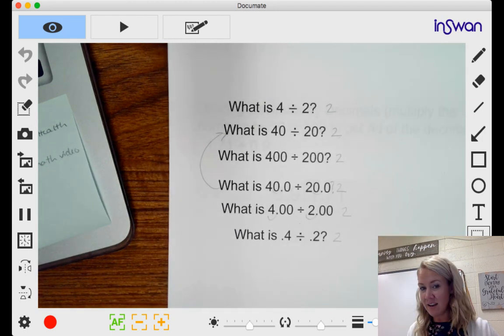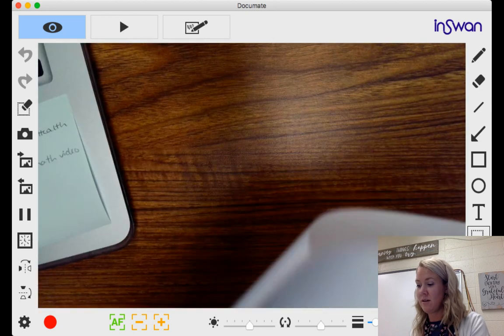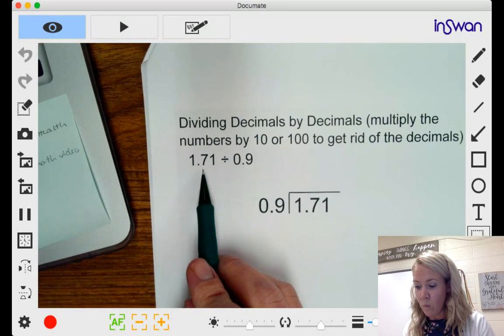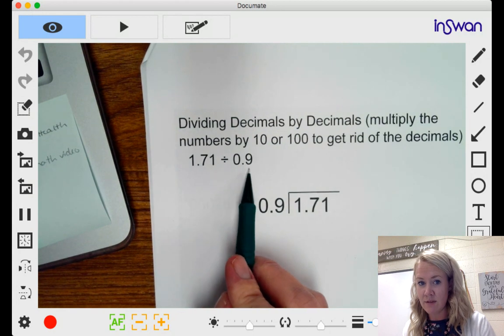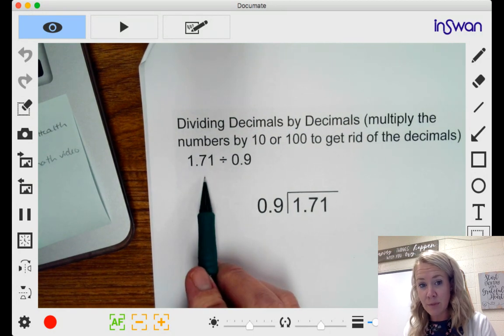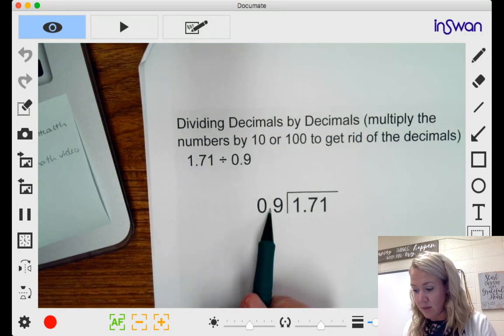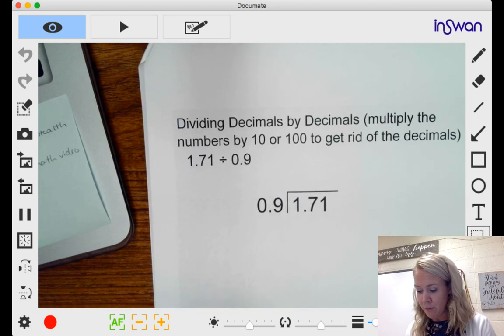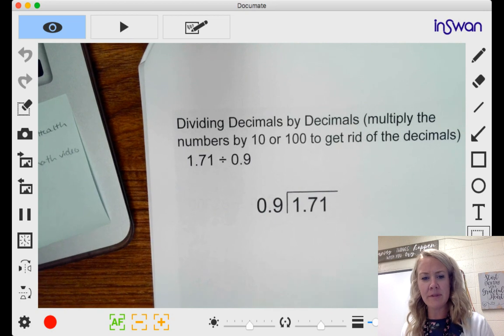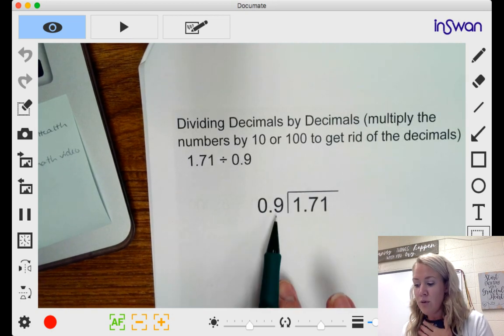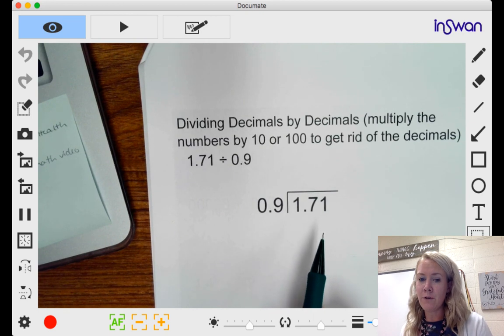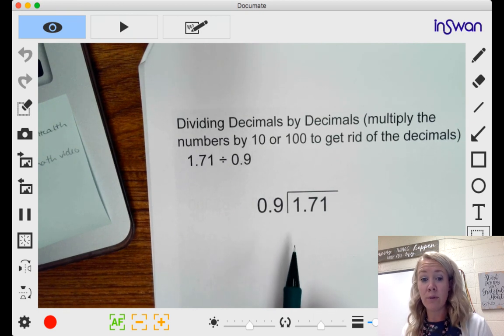So let's take that into consideration when we go here. The problem I have is 1.71 divided by 0.9. So they both have decimals. Same thing, the second number goes outside, the first number goes under. But before, we could just say, just store your decimal up top. But thinking about how many 0.9s are in something is really difficult for my mind, so I would rather deal with whole numbers.